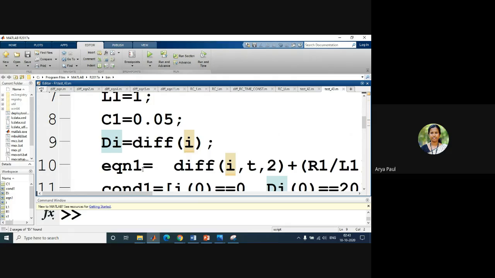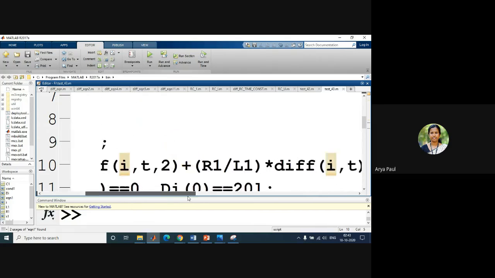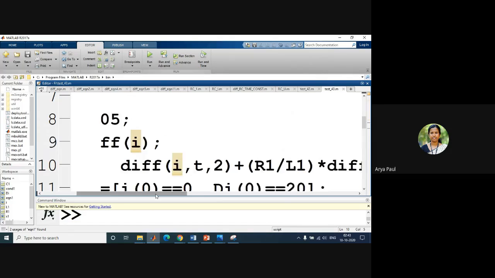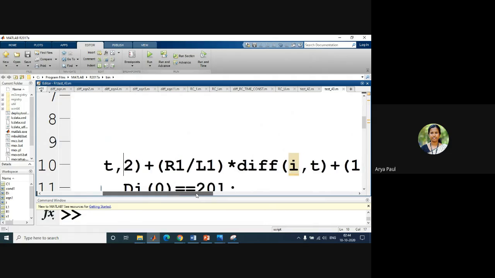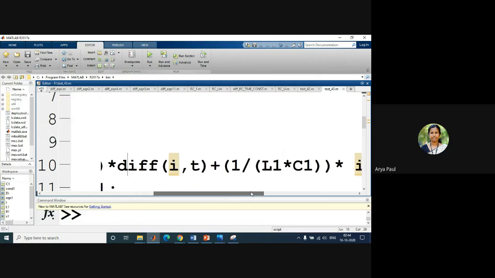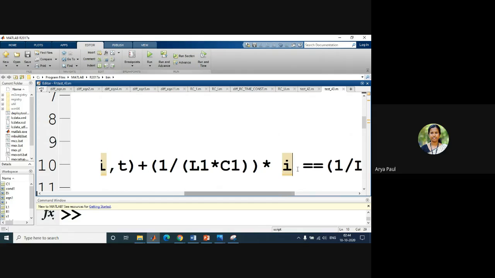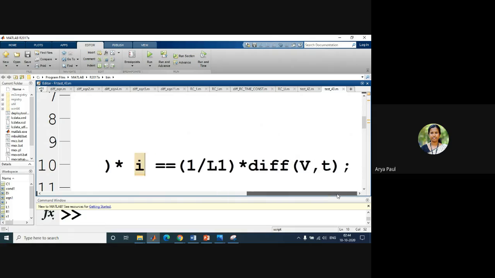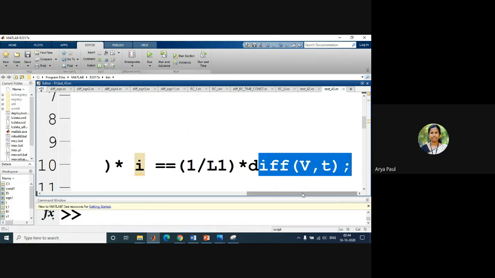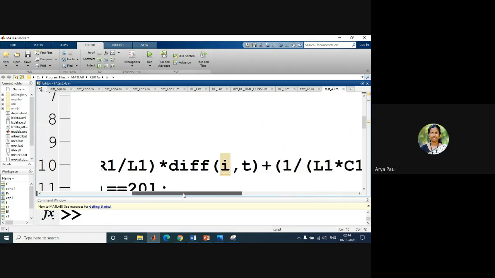Then the equation I have implemented. Only the right side part will be differing, otherwise the same: d square I by dt square plus R by L into di by dt plus 1 by LC into I is equal to 1 by L into dV by dt. This is the difference, and that is my equation.